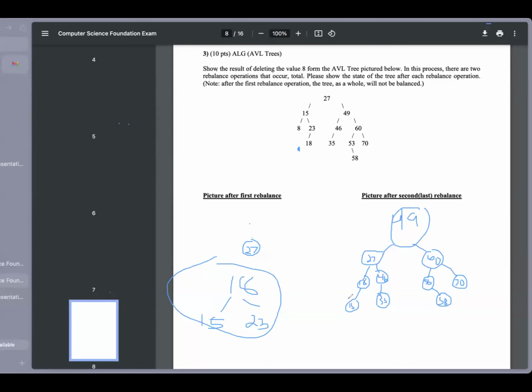It was essentially that you were just missing the left subtree. Yeah, you just flipped the 18. So 18, 15, 23. Then you have your 46, 35, 27, 49, 60, 53, 58, and then 70 down here.